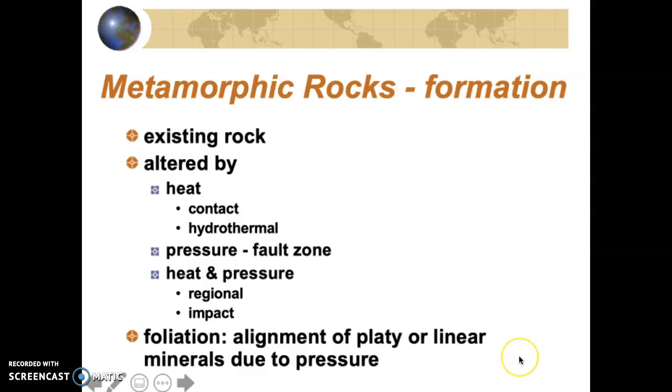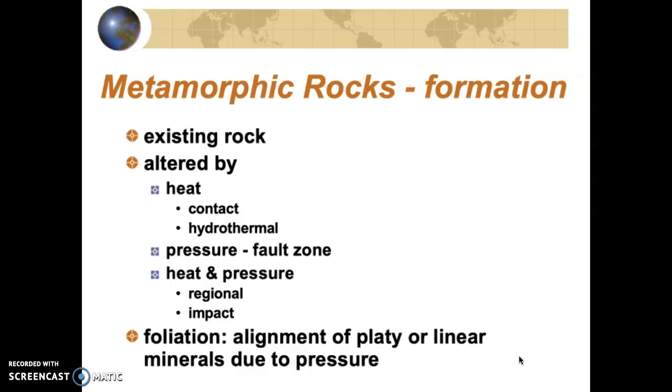So that brings us to our next rock type, the metamorphic rocks. Metamorphic rocks form from existing rock. So if you have a sedimentary rock or an igneous rock or even a metamorphic rock, and you subject it to heat and pressure, it can alter that rock.